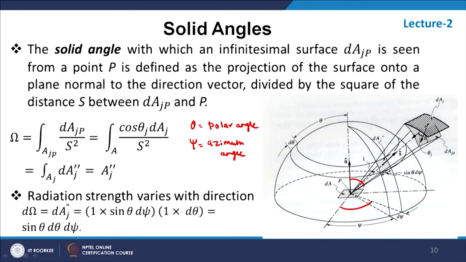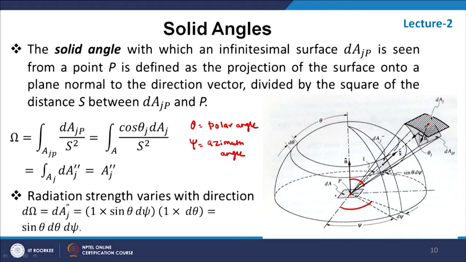So, we define the solid angle as follows. If we have a plane of area, let us say dA, and we have some energy leaving this plane dA. So, there is a plane dA and there is a plane in space dAj. Solid angle is basically defined as the ratio of the projected area of this plane in the direction joining the plane dA to the plane dAj. The line joining these is represented by the vector S cap. So, S cap is the direction of this plane dAj.